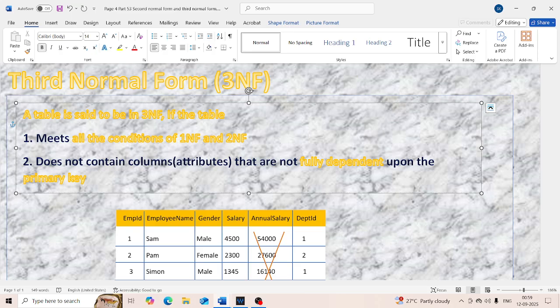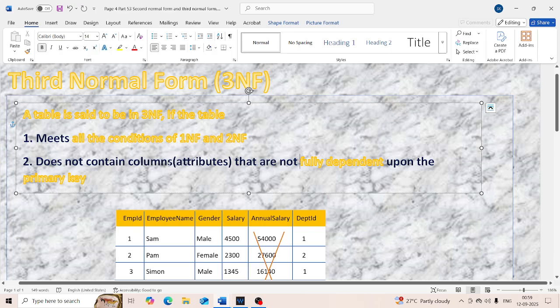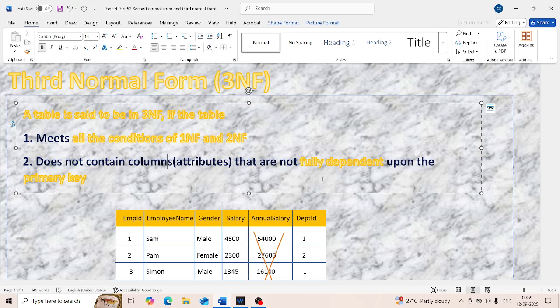But here we will talk about columns and table.